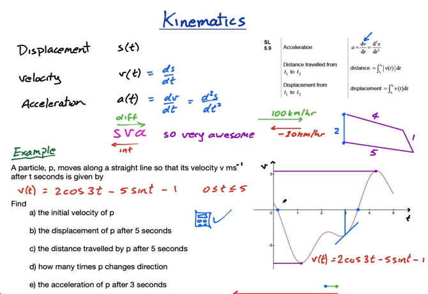Is the particle going forwards or backwards? Also, be careful. Sometimes they don't give you a velocity time graph. They can give you a displacement time graph, and it's even possible they can give you an acceleration time graph. So don't assume that it's velocity. Read the question and make sure you follow exactly what they say.